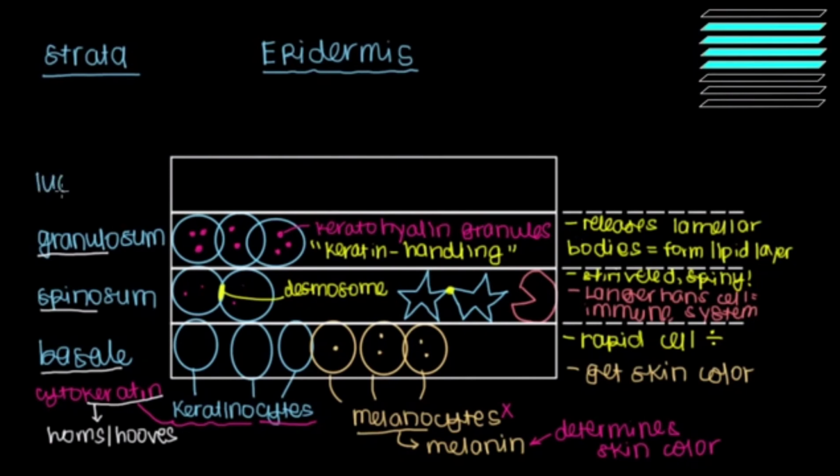So we're done with your basale, spinosum, and granulosum. Another layer is your stratum lucidum. It's a clear layer. The characteristic of your stratum lucidum is that these are dead keratinocytes.